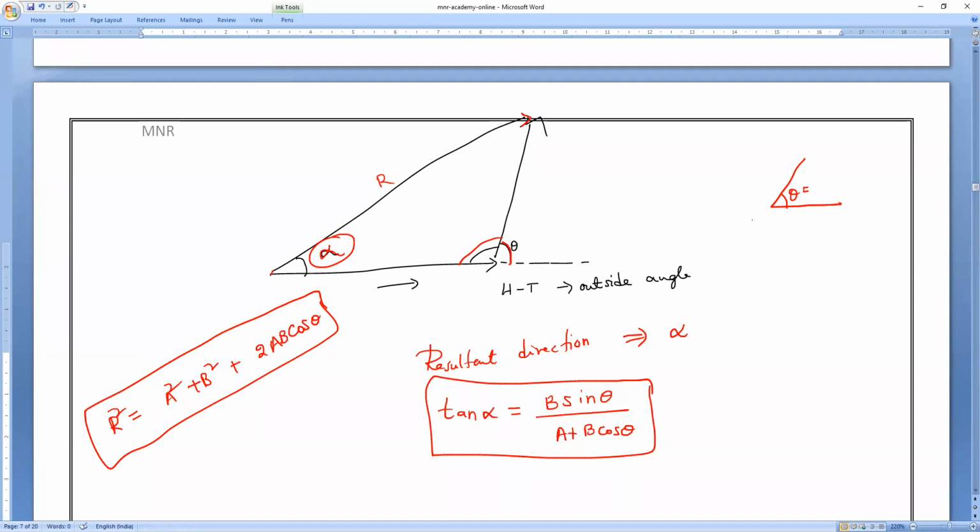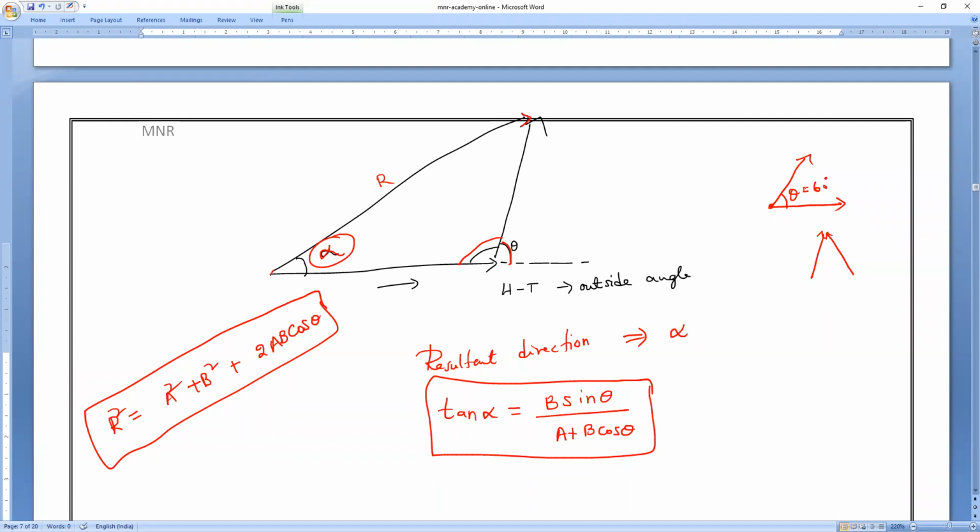So always we have to take it, for example, tail to tail. For tail to tail, theta is equal to something, let me consider 60 degrees. Same way, if it is head to head also, be very careful. Do we take inside or outside?